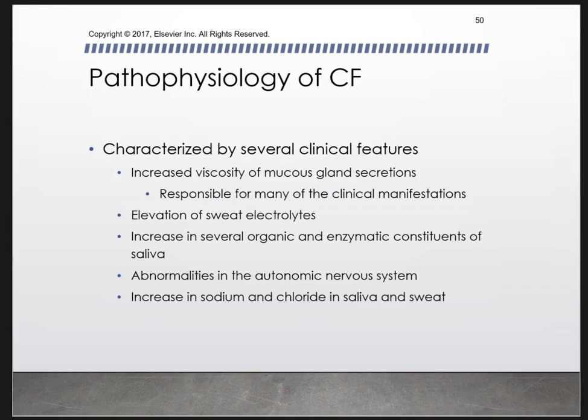And there is again, that sweat test, so there's an increase in sodium and chloride in both their saliva and their sweat. And those levels are going to be anywhere from 2 to 5 times greater than in somebody without it or in a control group. Okay.